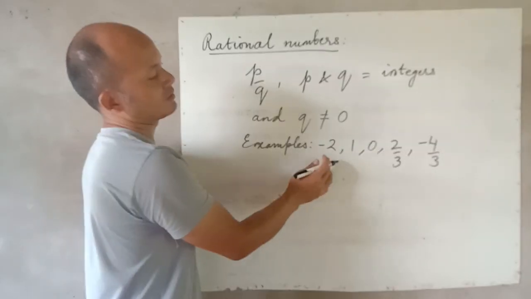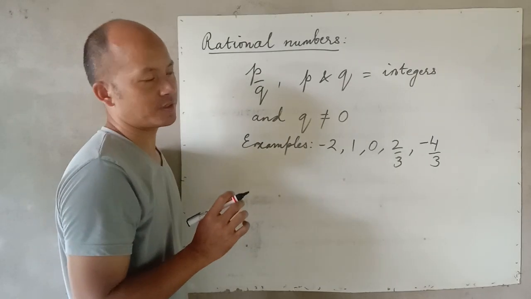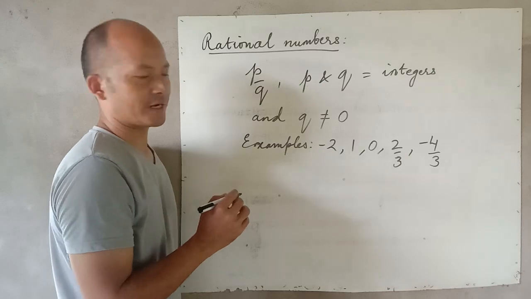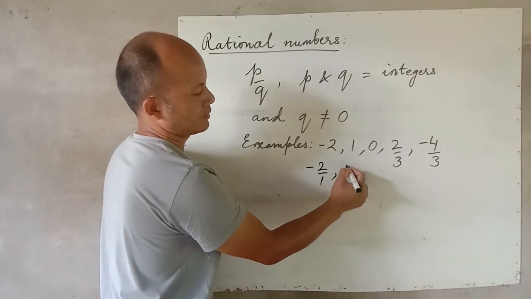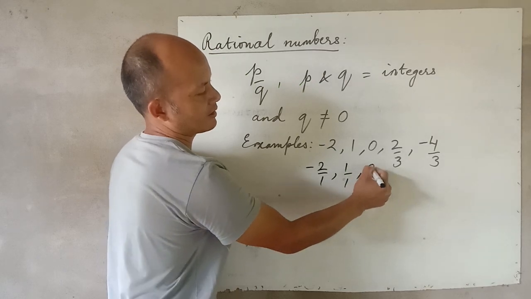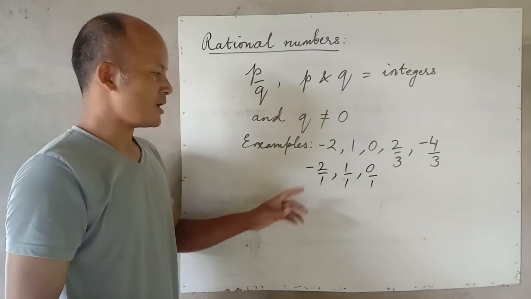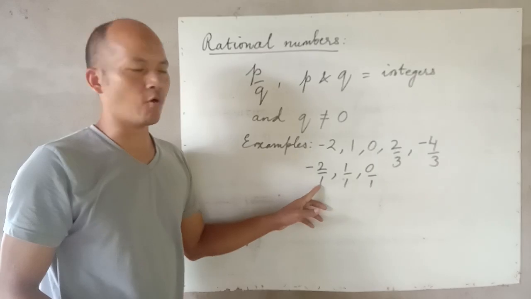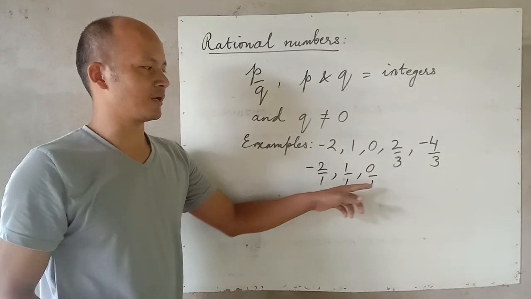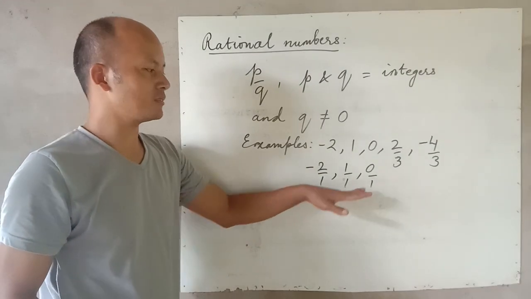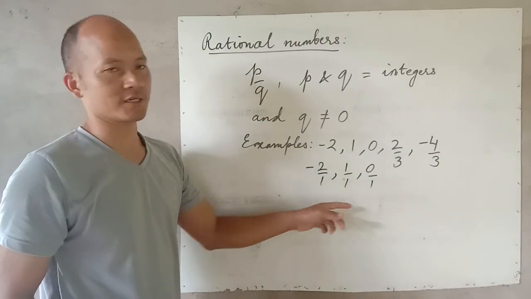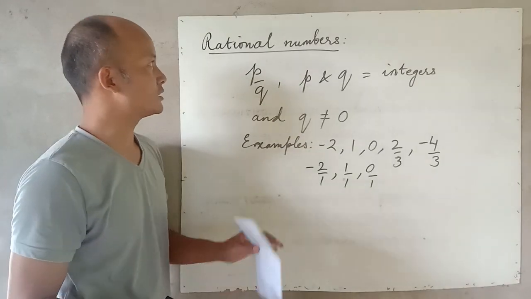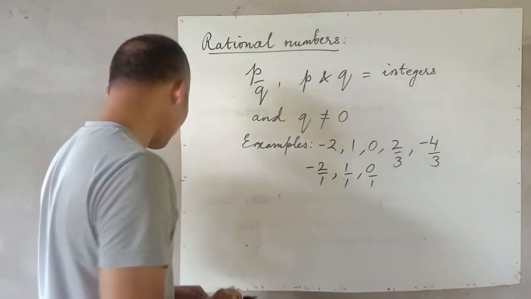So these three numbers can be in the form of P by Q also, like this. You can put 1 in the denominator of each number and they become exactly in the form of P by Q. Okay, that is your rational numbers.